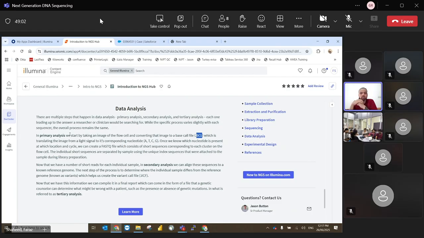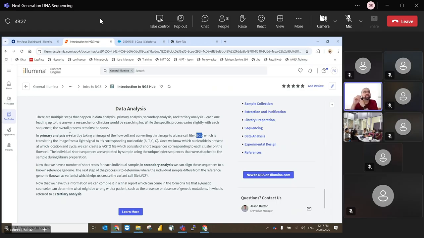So that is known as the FASTQ file, when the samples are differentiated from each other. Now these FASTQ files will then be aligned to a reference genome. If it's a human sample, we will align this sample to a human reference, okay? And this human reference genome will tell us how the sample which you have tested or sequenced varies from the reference genome.